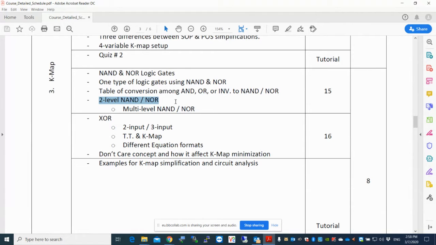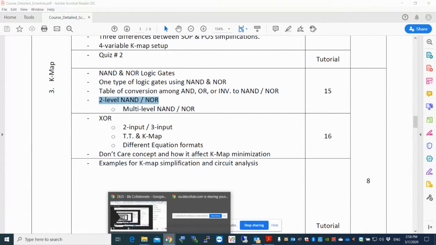If I can make the circuit implemented using two-level, and it is all NAND or all NOR, and this implementation of the circuit comes from the K-map, that means I achieved the minimum area, the minimum delay, and one type of logic.